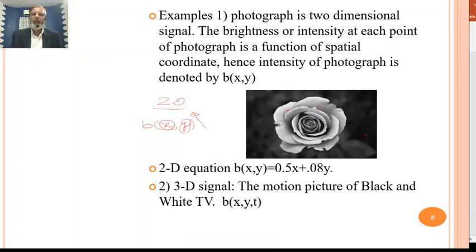This is the mathematical equation for the two-dimensional signal in terms of x and y. Now the example of the three-dimensional signal is the motion picture of the black and white TV.